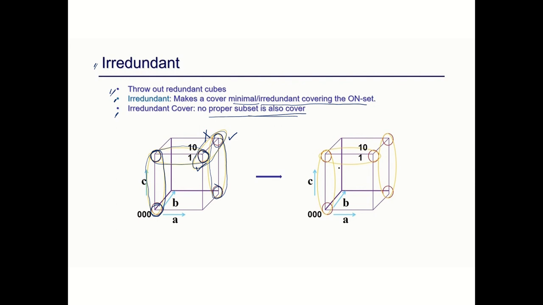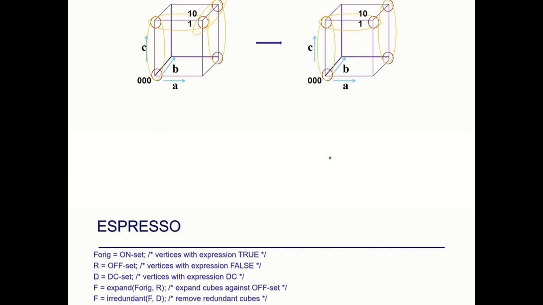Now with this cover, this is the first cover I can consider, this is the second cover, and this is the third cover. Only these three covers are needed to cover these 5 onset positions. So we find the redundant ones, remove all of them, and make it irredundant as much as possible.